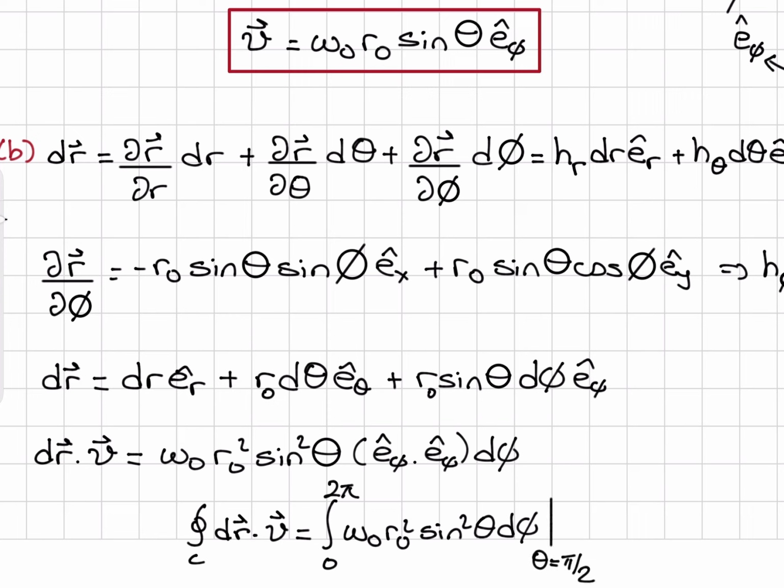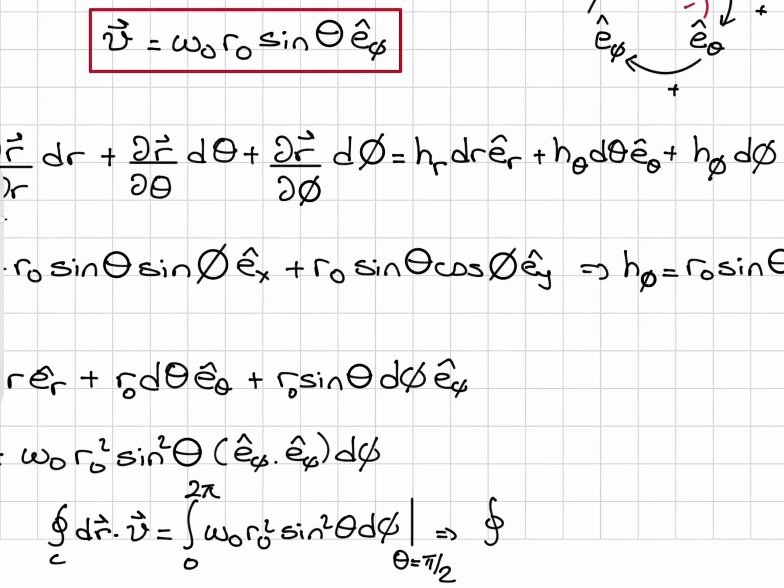So this gives me a 1 here. So the integral will just give me a factor of 2 pi. Therefore, my answer for this closed contour integral dr dot v is 2 pi omega 0 r0 squared.